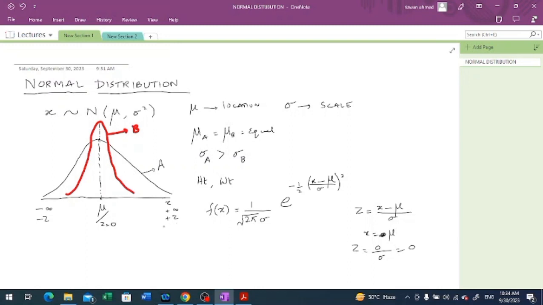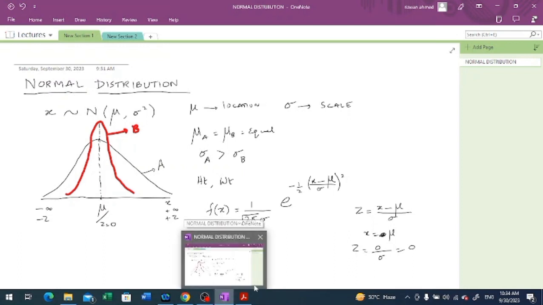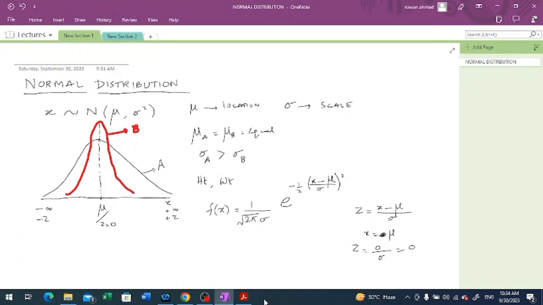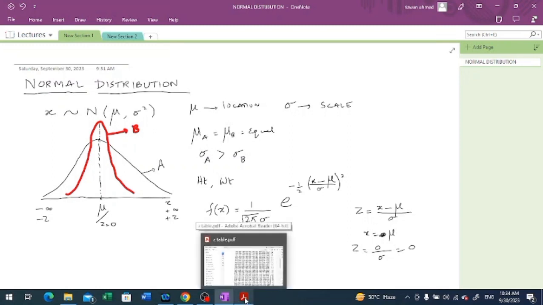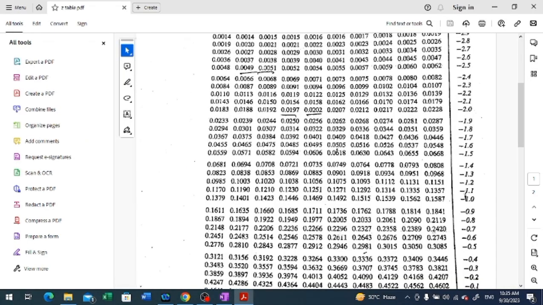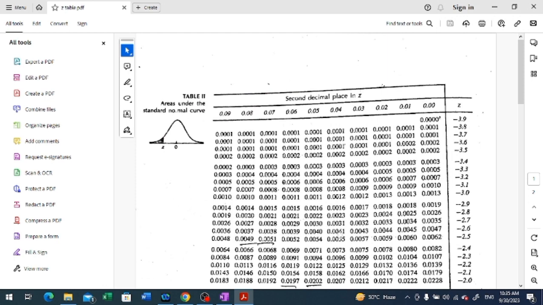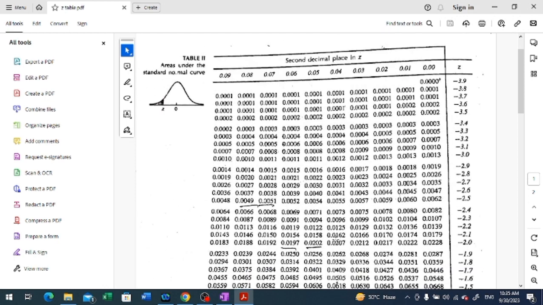And we transform random variable x to z with a purpose, so that we can use a table that gives us the probabilities across each value of z. So you can have a look at this table. It has 2 pages. This is the z table. The first page contains negative z values in each row.